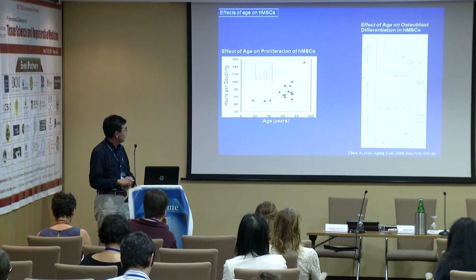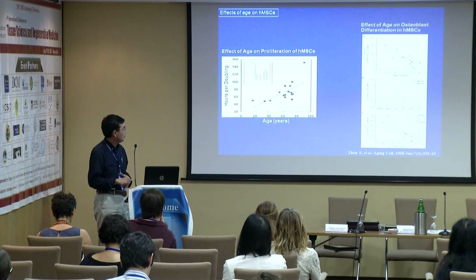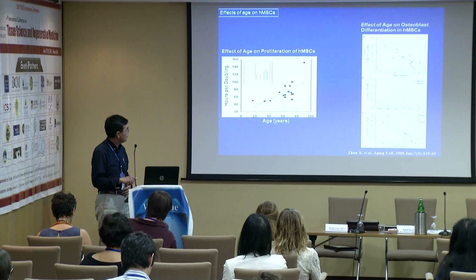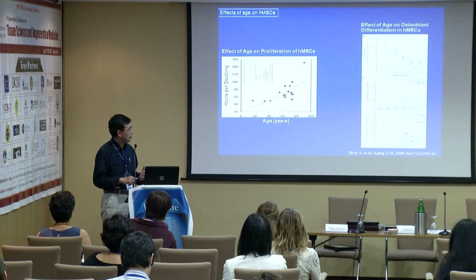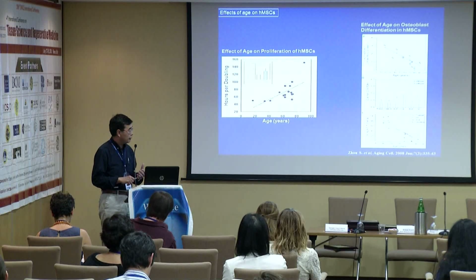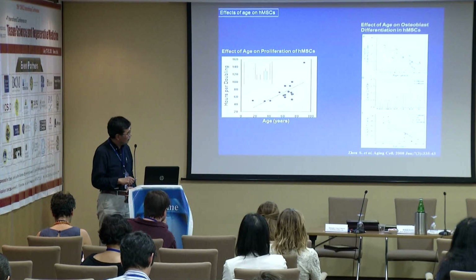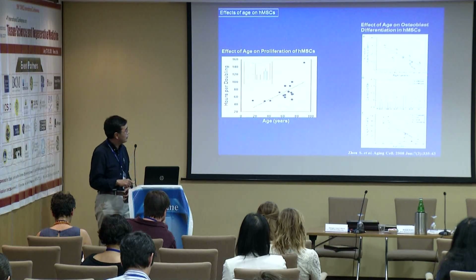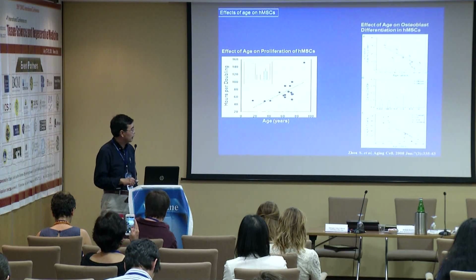With age, not only do you have more senescent cells, the cell proliferation is also slower. For example, the cell doubling time is significantly correlated with patient age. Also, the cells have less differentiation capability. For example, in differentiation to osteoblasts, the marker alkaline phosphatase is negatively correlated with patient age. They also have less gene expression of osteoblast markers.